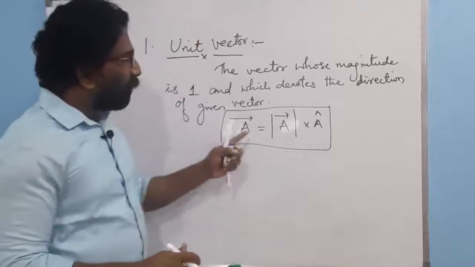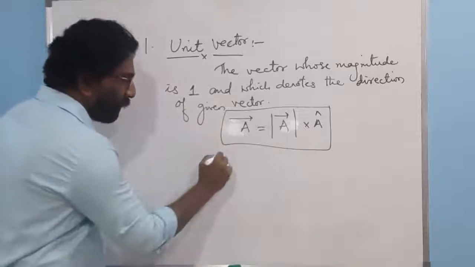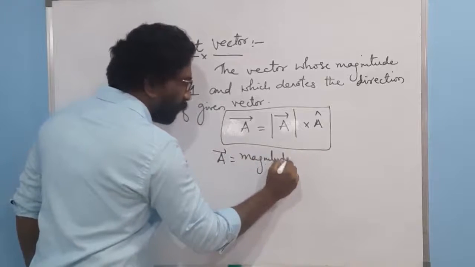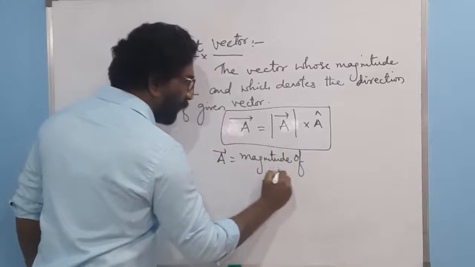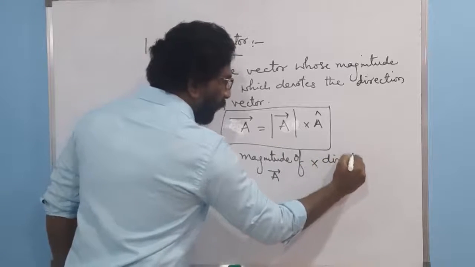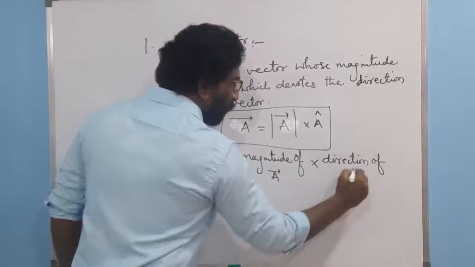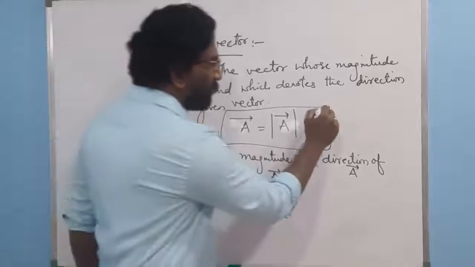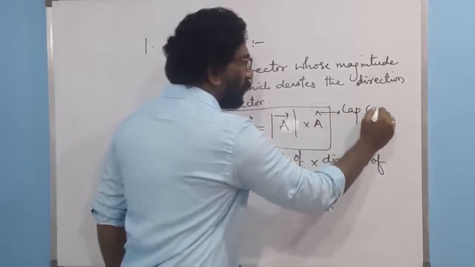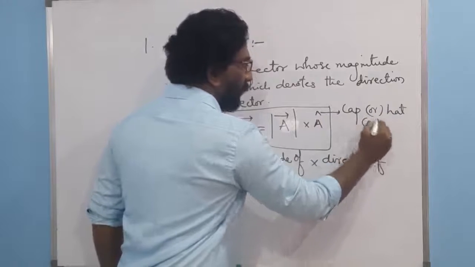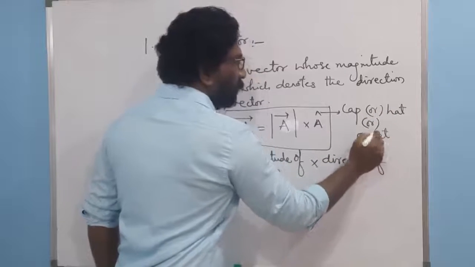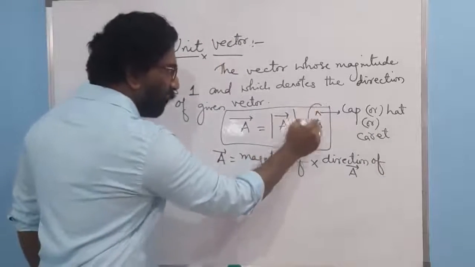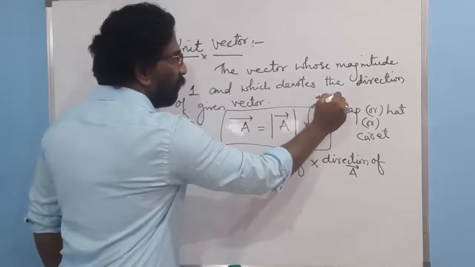It means that your vector A is equal to the product of the magnitude of vector A and the direction of vector A. This direction is denoted by A cap. A cap is also called a hat, or caret. These are the different names for this symbol, and it denotes our unit vector.